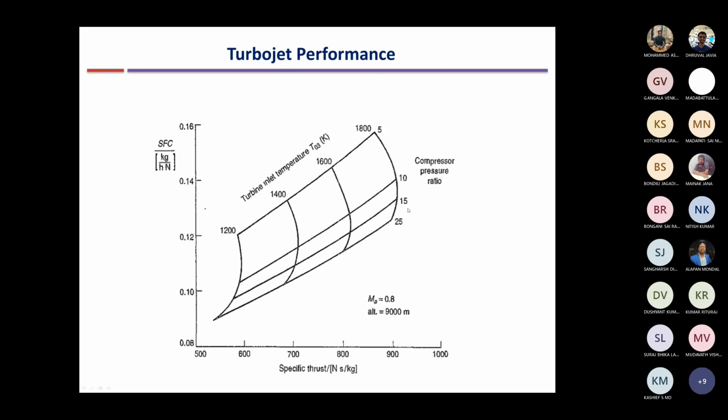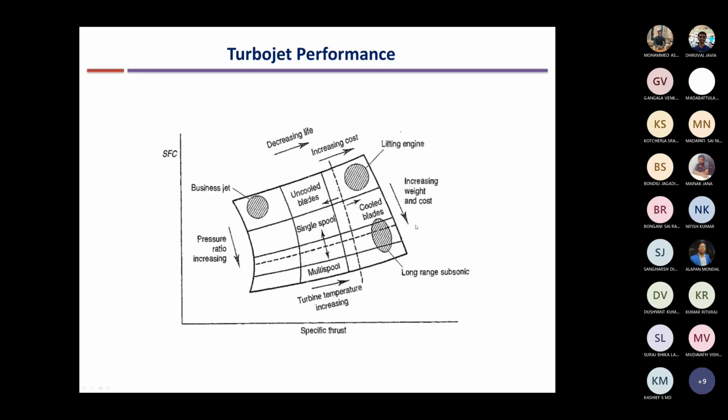Somewhere around here. For long-range subsonic aircraft, like large passenger aircraft which fly long distances, you need good thrust and high fuel economy, meaning low fuel consumption. So we operate in this range.